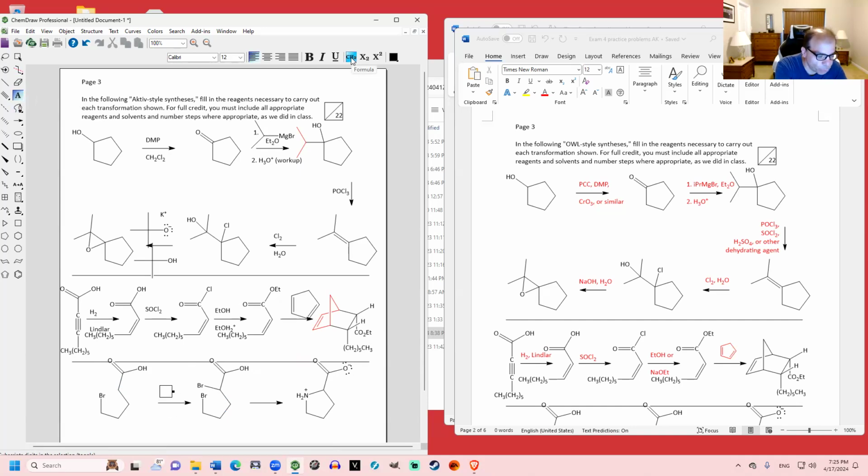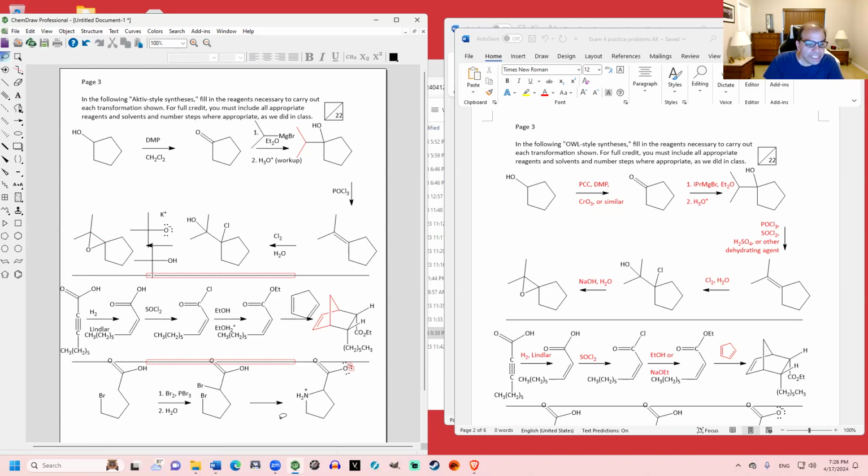It's 2 steps. It's bromine followed by water. Bromine and phosphorus tribromide followed by water. That replaces one of the alpha hydrogens with a bromine.